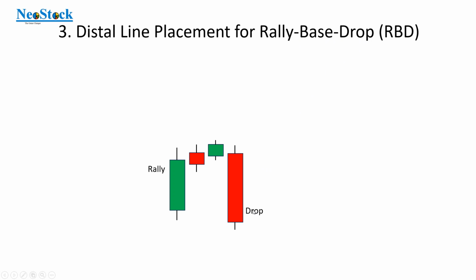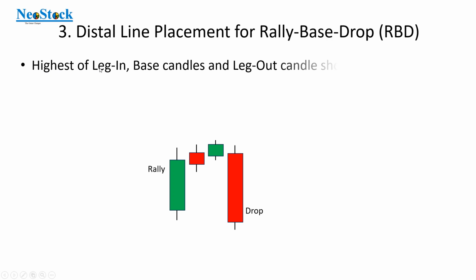Now this is the supply zone. For rally base drop for a supply zone, your distal line is the highest of these candles. Which candles? Leg in candle, base candles and leg out candle, because this is a reversal pattern.